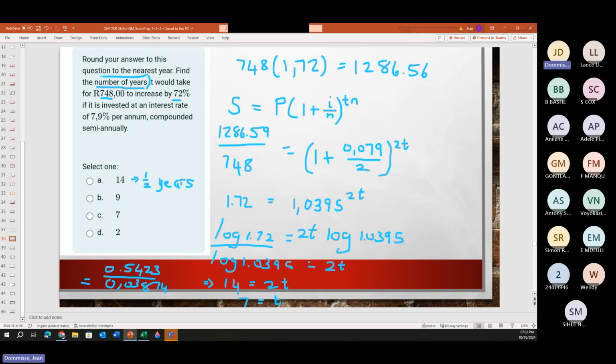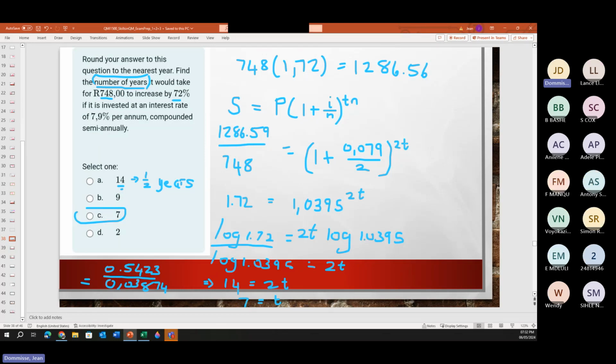So that is another catch in this one: we've got 14 periods, the 14 half years, but 14 half years is actually 7 years. So very important when we get to this answer that we see it in terms of how many years.